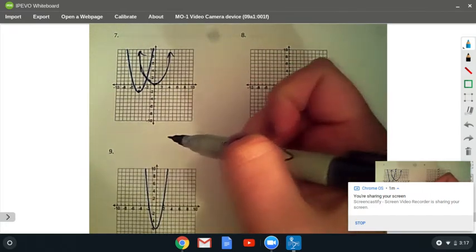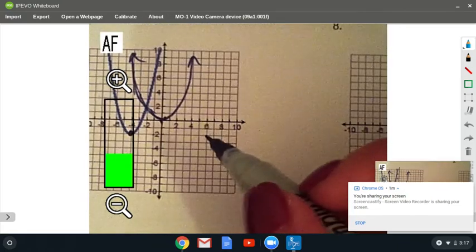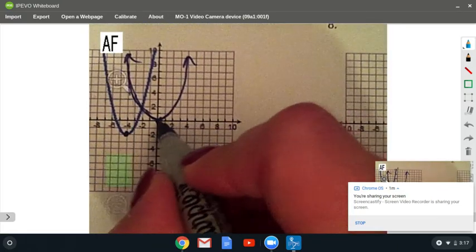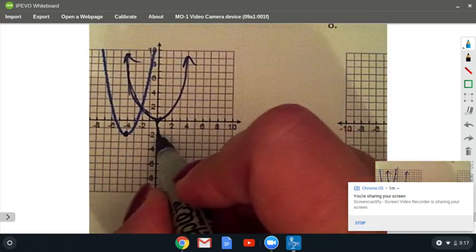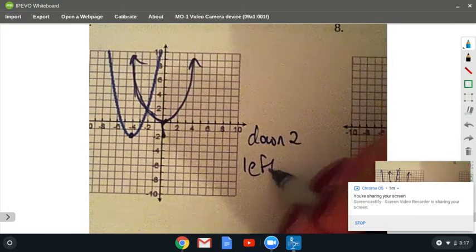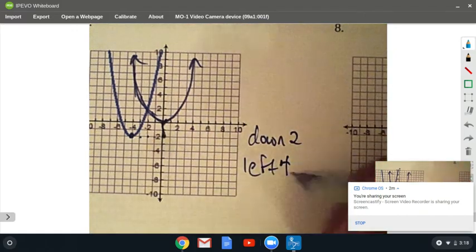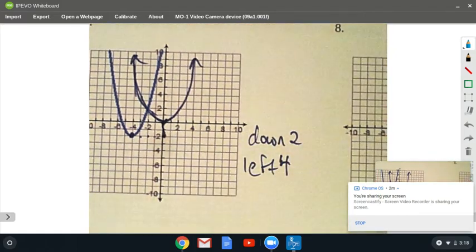If I write it out in words, I'm going to zoom in here to this picture. This vertex goes down 2, and then it goes left 1, 2, 3, 4. Okay. This goes down 2, left 4. It also looks like it got a little bit skinnier.